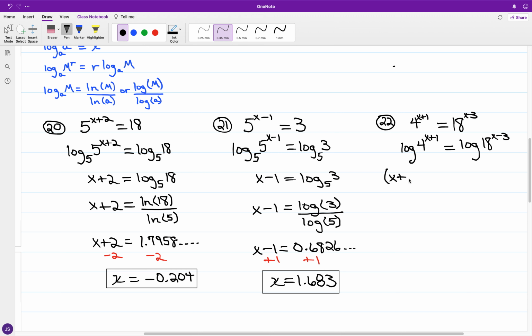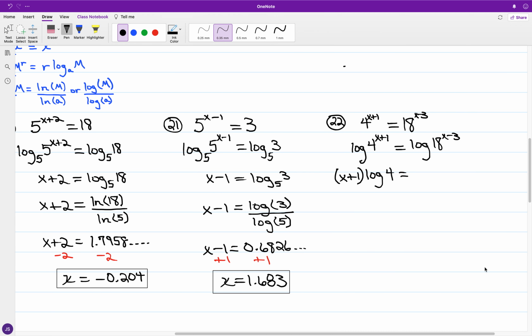So we have all of x plus 1 times the base 10 logarithm of 4 is equal to all of x minus 3 times the base 10 logarithm of 18, and looking at what we have and distributing.